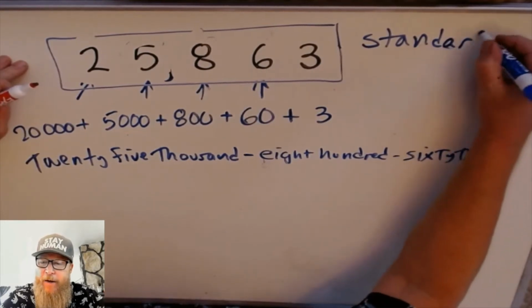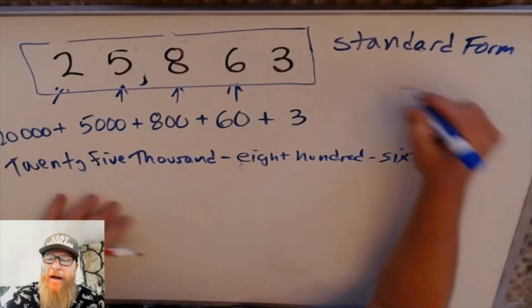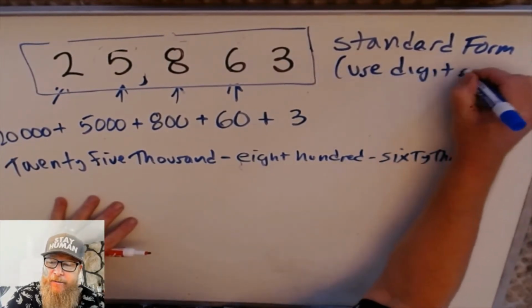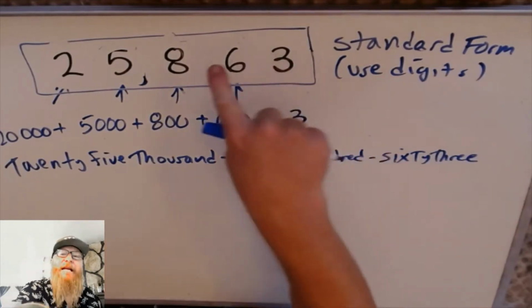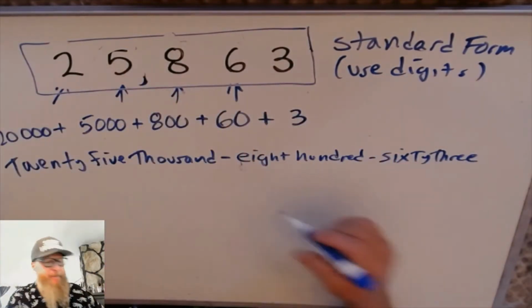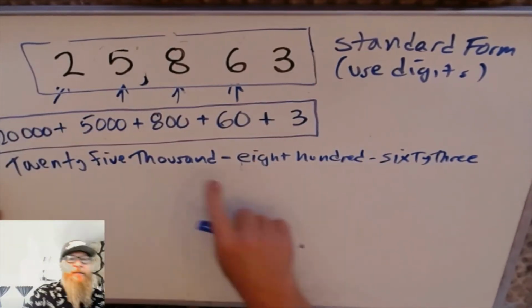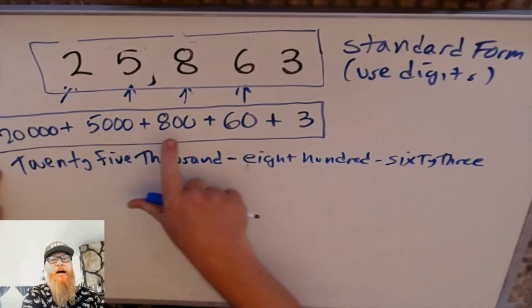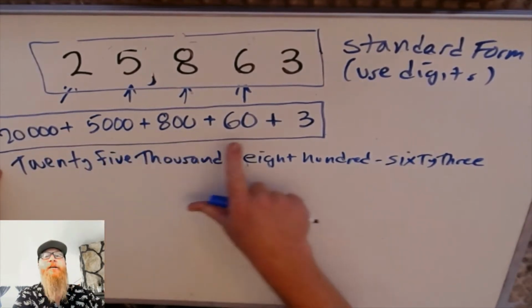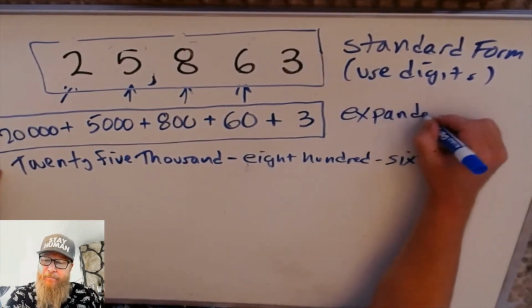If I say write the number in standard form, what I really mean is use the digits. If I write it out like this, 20,000 plus 5,000 plus 800 plus 60 plus 3, this is what's called expanded form.